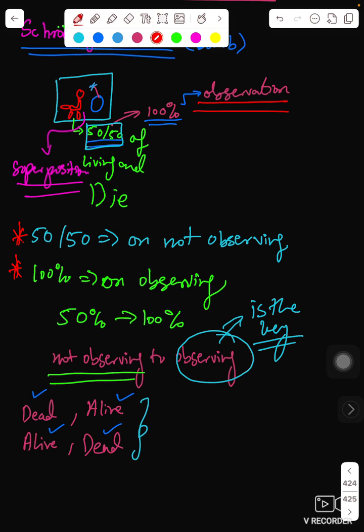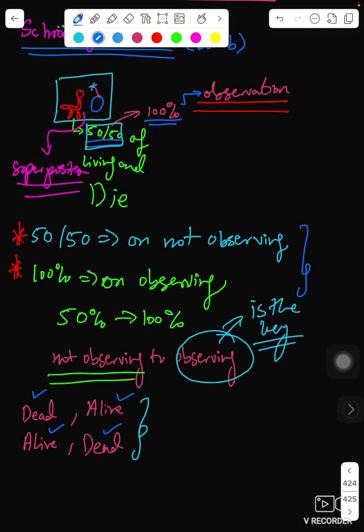But you should make sure that it has a 50-50 chance of happening and not happening, so that superposition in our mind can occur. So what was our key point in Schrodinger's cat? The principle of superposition, right?